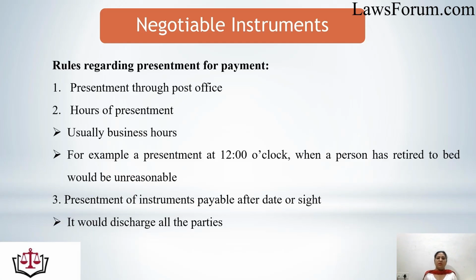Hours of presentment: it is usually the business hours. For example, a presentment at 12 o'clock when a person has retired to bed would be unreasonable. That means the bill must be presented during usual business hours, 8 to 8, 9 to 9. Any odd time would not be considered an hour of presentment for payment.